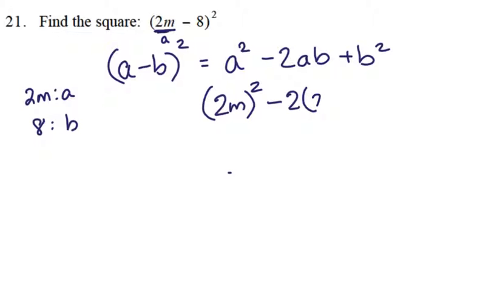Then we have negative 2 times 2m times 8, and then we have plus 8 squared.